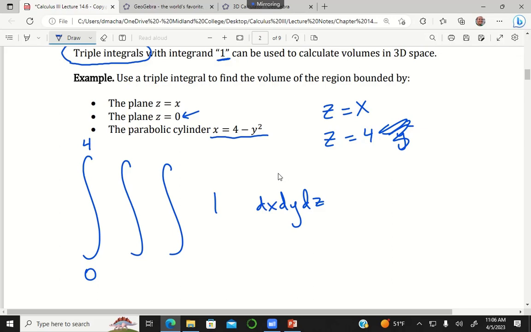And so that's going to be the maximum for my z integral, integrating with respect to z. Okay, so inside of that, I'm integrating with respect to y. So I have to think, what's the smallest possible value of y? And again, if you had the graph, that makes it really easy.